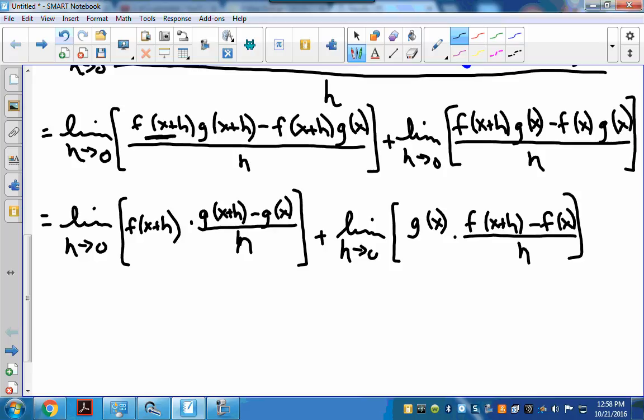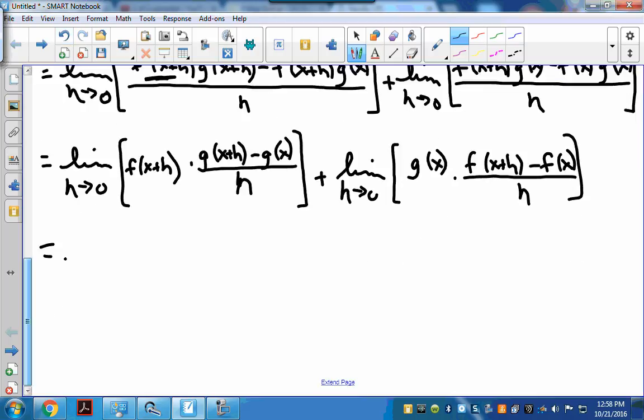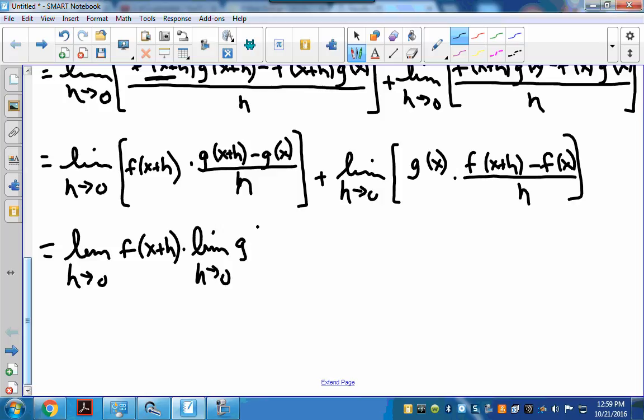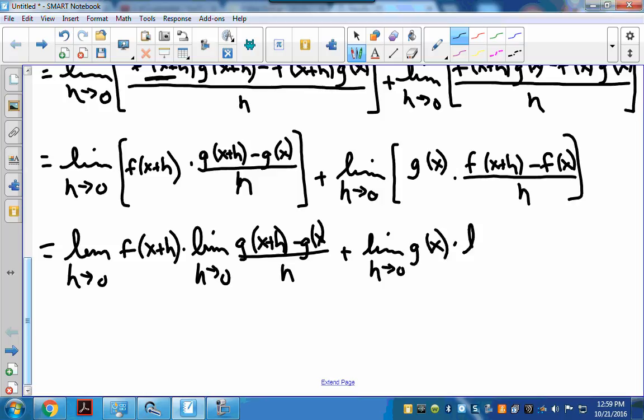Okay, for both of these, this is a product, and the limit of a product is the product of the limits. So we have the limit, h goes to 0, of f of x plus h times the limit as h goes to 0 of g of x plus h minus g of x over h, plus the limit as h goes to 0 of g of x times the limit as h goes to 0 of f of x plus h minus f of x over h.